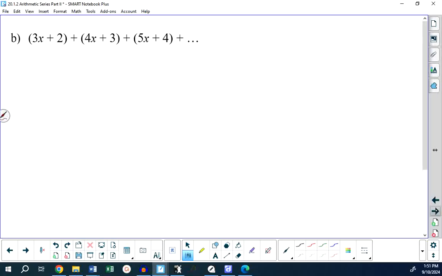I want you to look at these terms. I'm going to underline them. The first term plus the second term plus the third term, so T1 is 3x plus 2. I want everybody to figure out, just by thinking on it, what the common difference is.